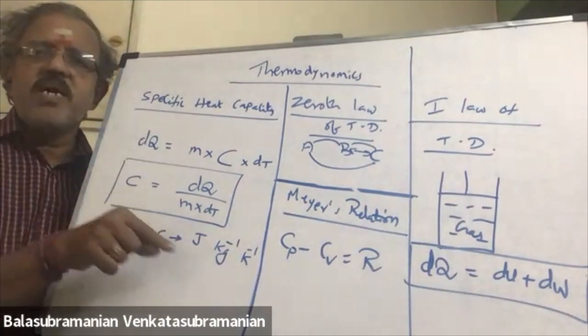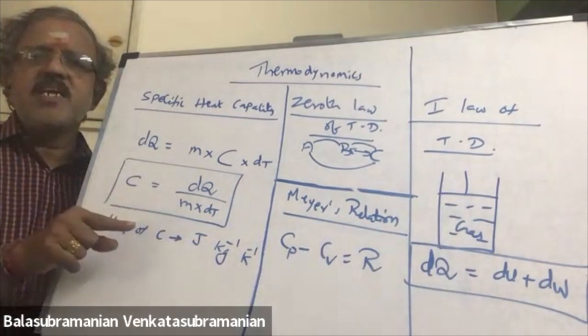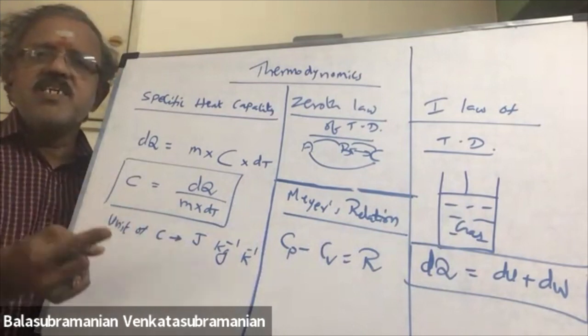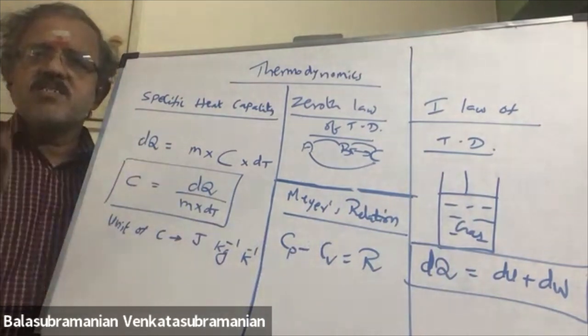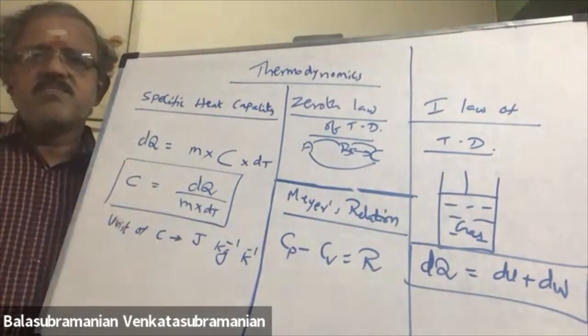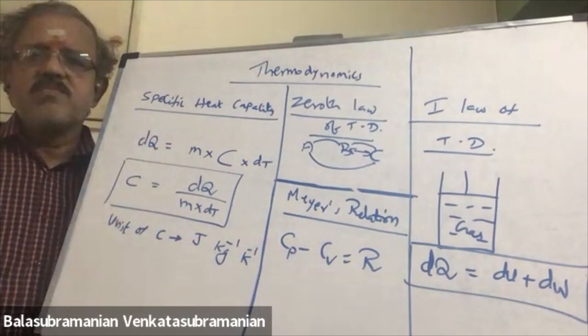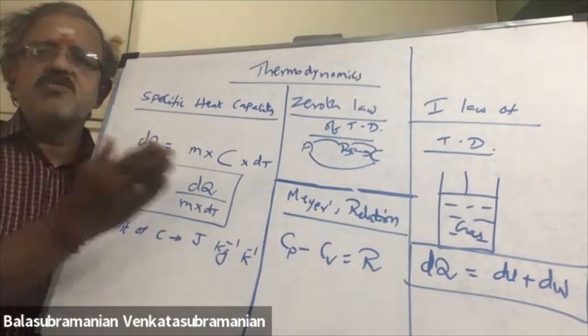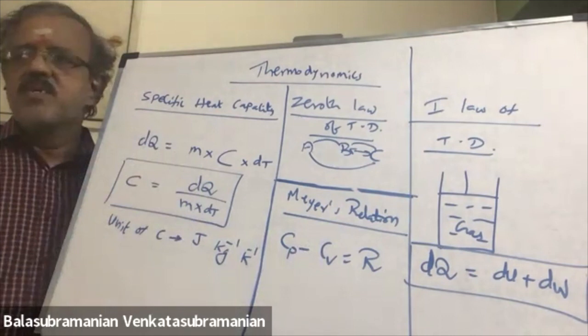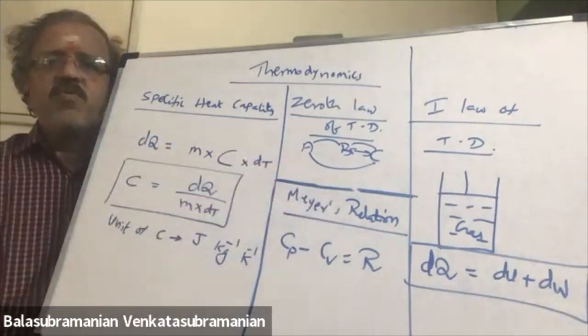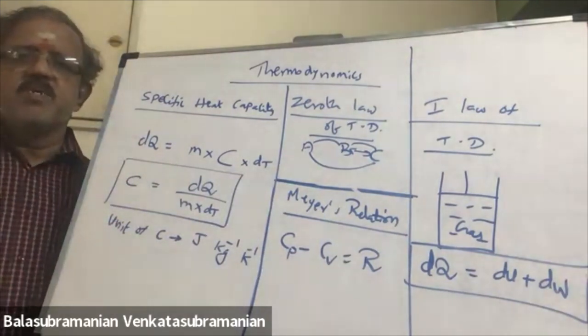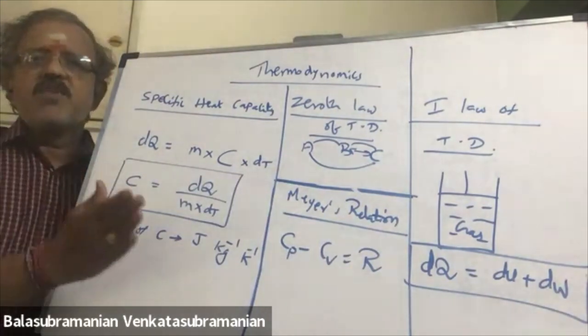UF minus UI, final internal energy minus initial internal energy, is only du. Cyclic process, the system comes back to normal. So what is the meaning? du becomes zero because UF and UI are equal. So I can write dq is equal to dw for a cyclic process. This is the first law of thermodynamics.